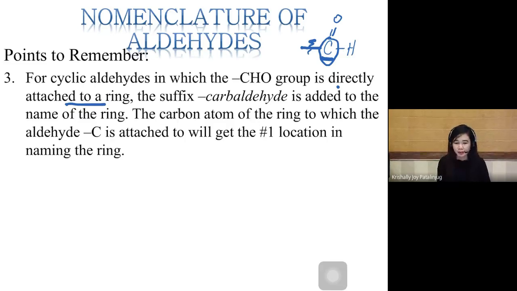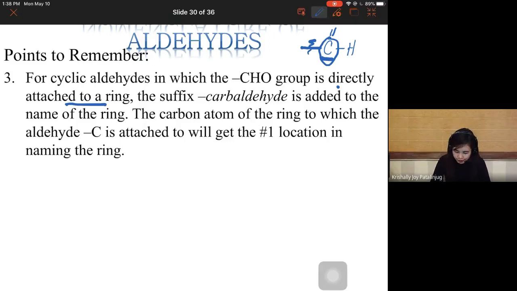Whatever ring it is, whether cycloalkane, cycloalkene or benzene ring, as long as it is a closed chain and the group is directly attached to the ring, it is considered a cyclic aldehyde. For example, a benzene ring with CHO. I simplified it, but that is the aldehyde group, directly attached to the ring.